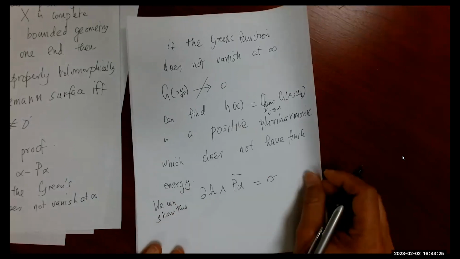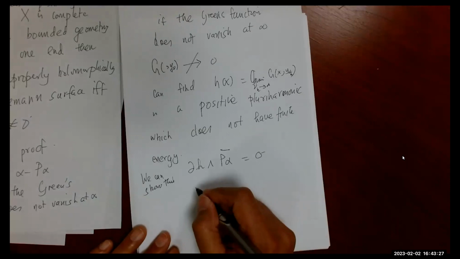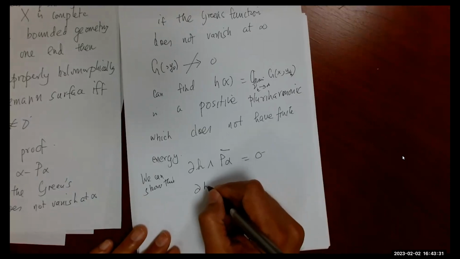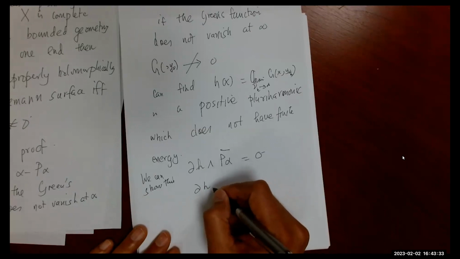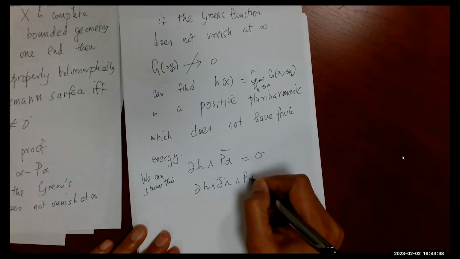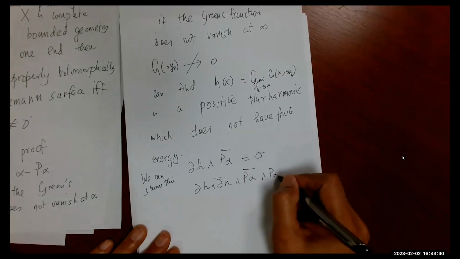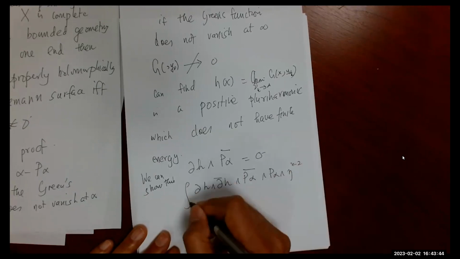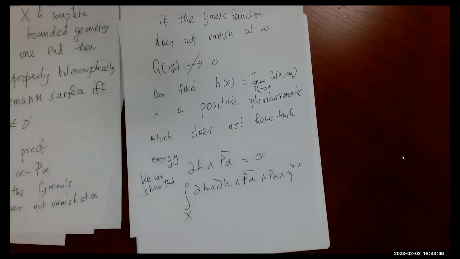The idea is not very difficult. You look at the integral of del h wedge d bar h wedge the Kahler form to the n minus 2, and you can integrate by parts by applying a cutoff.